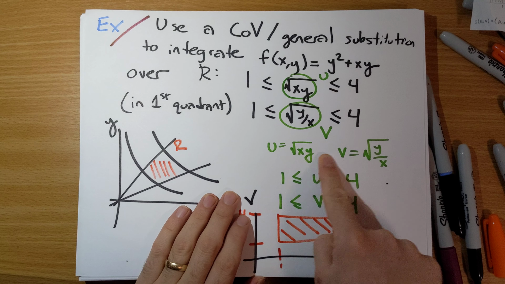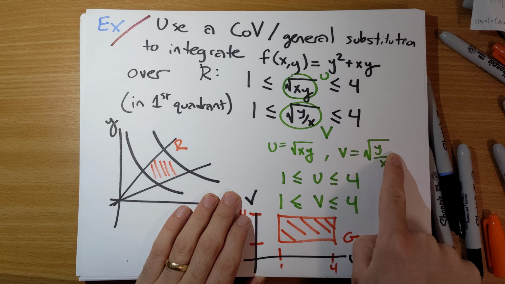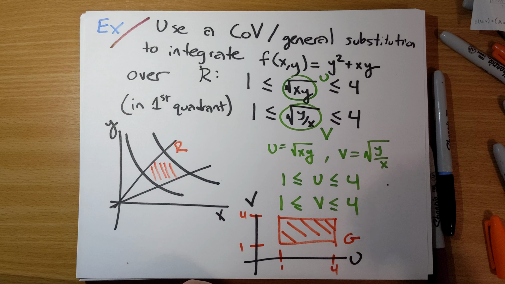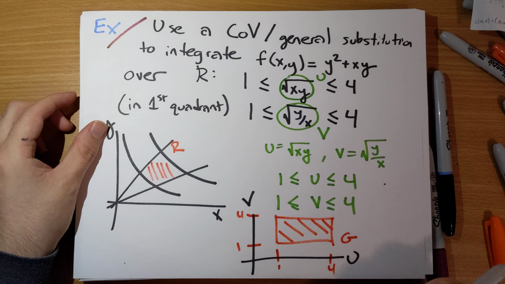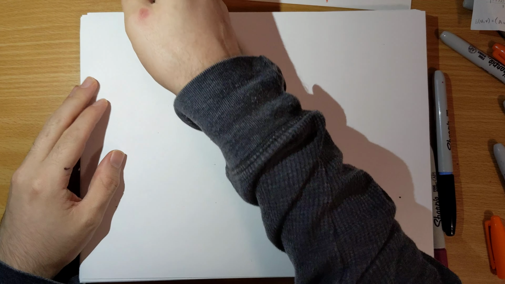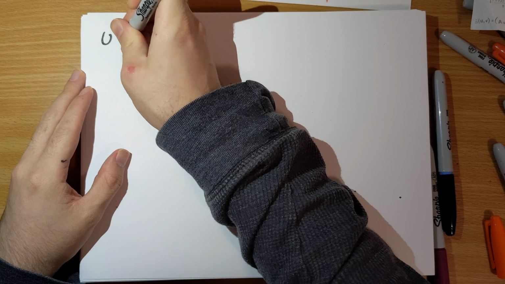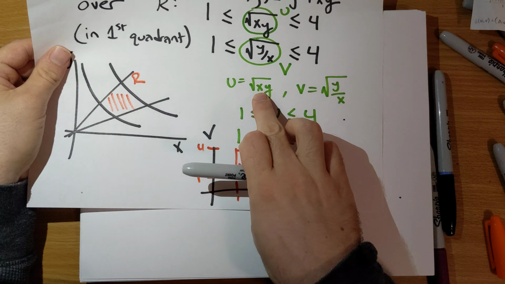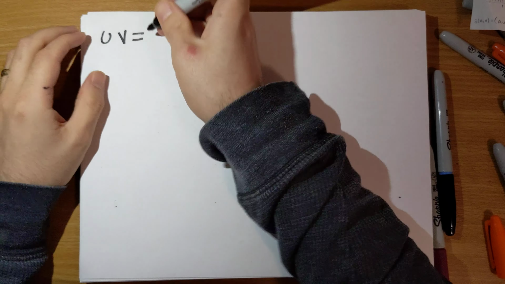We have u in terms of x and y, and v in terms of x and y. We want x and y in terms of u and v. So how do we get that? Well, first thing to observe is that if we multiply together u times v, u is the square root of xy, v is the square root of y over x.